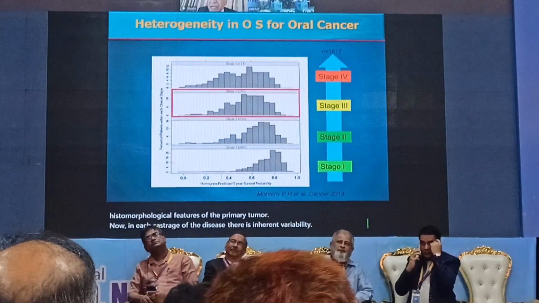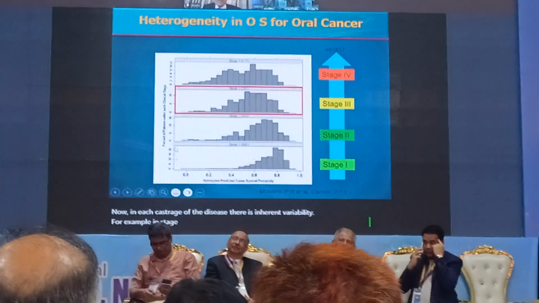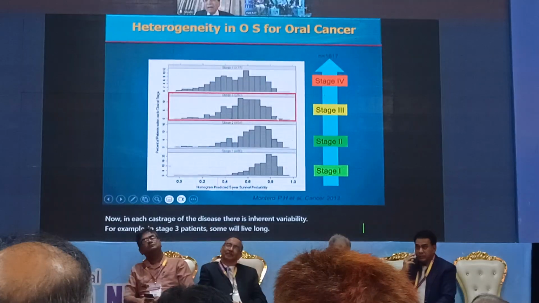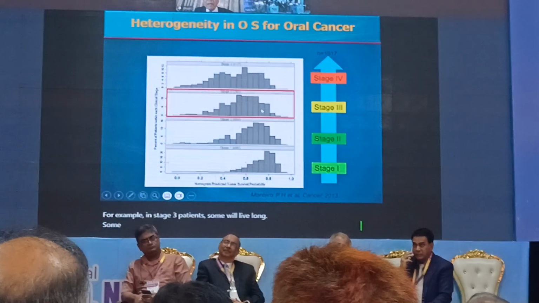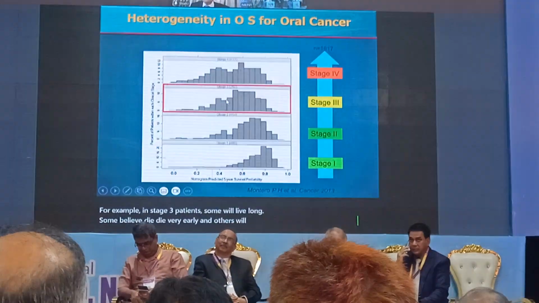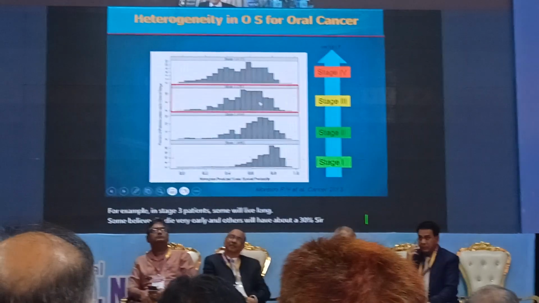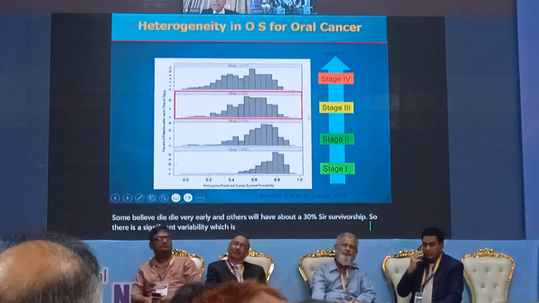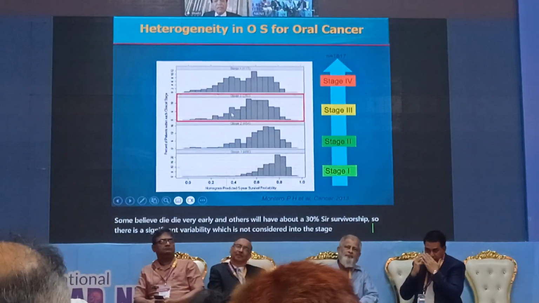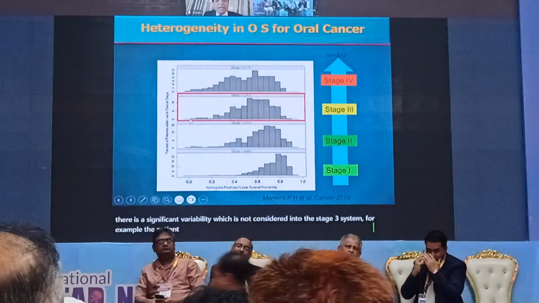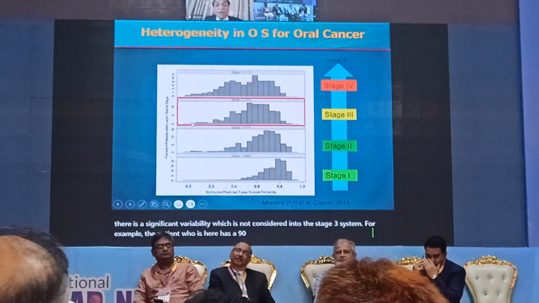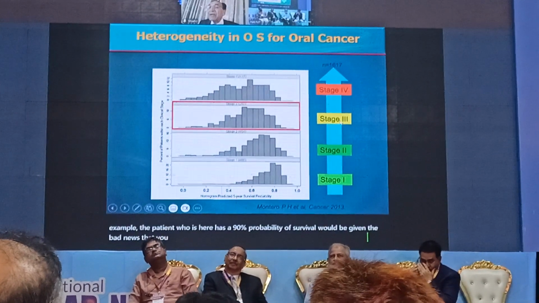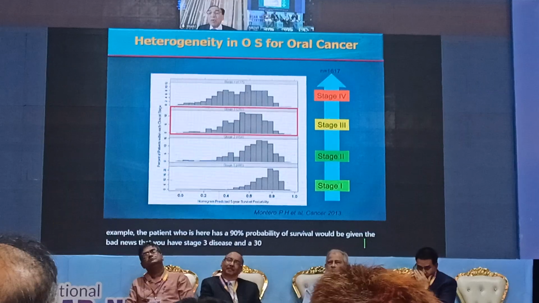For example, in stage 3 patients, some will live long, some will die very early, and others will have about a 30% survivorship. So there is a significant variability which is not considered in the stage 3 system. For example, the patient who has a 90% probability of survival would be given the bad news that you have stage 3 disease and a 30% survival probability.